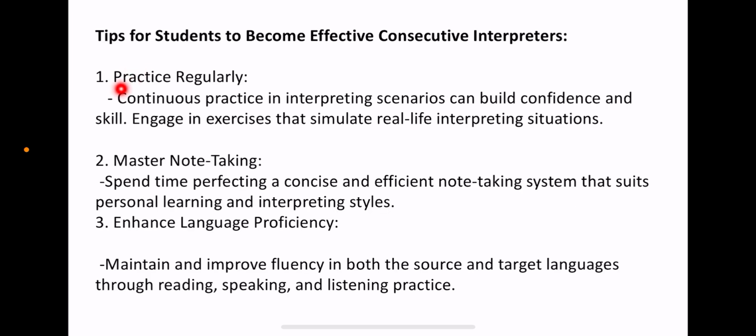Number one, practice regularly. So we always say practice, practice, practice. Practice is very important, especially for fresh interpreters, whether simultaneous interpreters or consecutive interpreters. Practice is one of the important aspects for them to acquire the skills of interpretation.